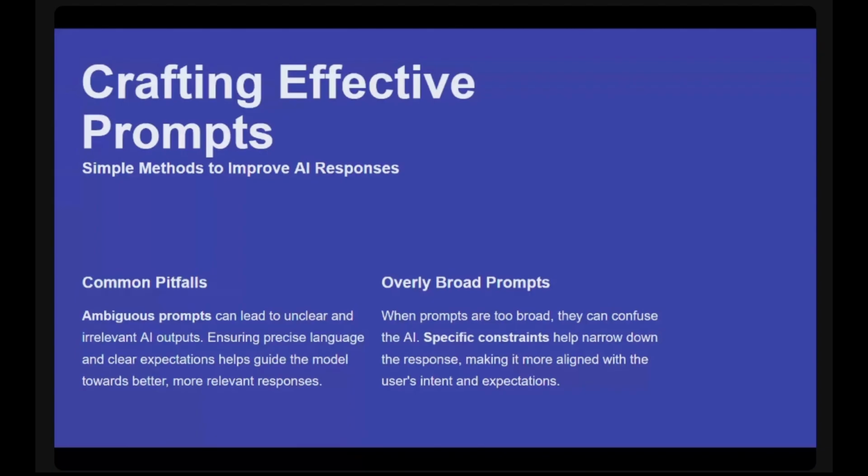Overly broad prompts, like if your prompts are broad, they are not specific, you are not using specific words, then they are called overly broad prompts. And believe me, it will not generate anything good. So specific constraints help narrow down the response, making it more aligned with the user's intent and expectations.